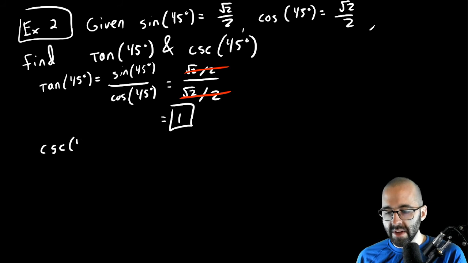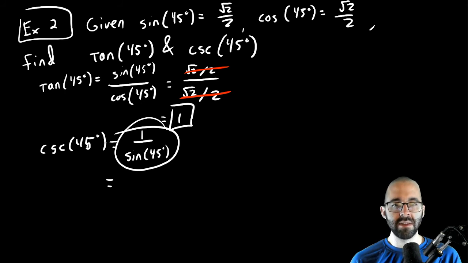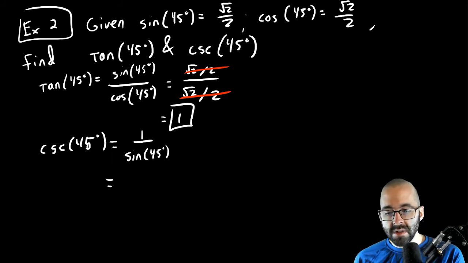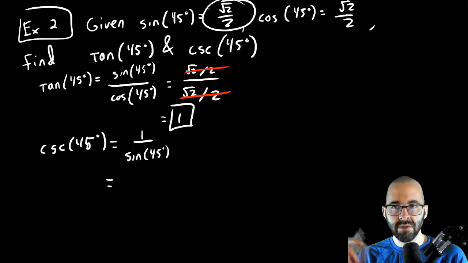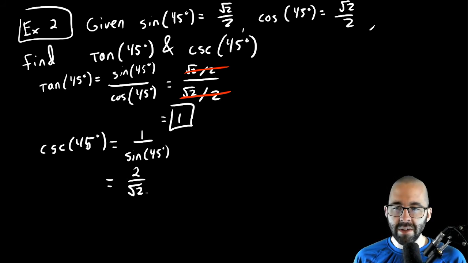And the cosecant of 45 degrees, right? That's the reciprocal function for sine. Now this one has a little bit more algebra. There's two ways of doing this. You can either plug this in and simplify, or say reciprocal just means flip it upside down. 2 over the square root of 2. Why is this not my final answer? The reason why is because it's not simplified.